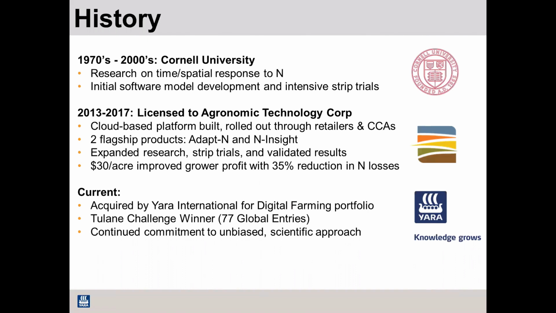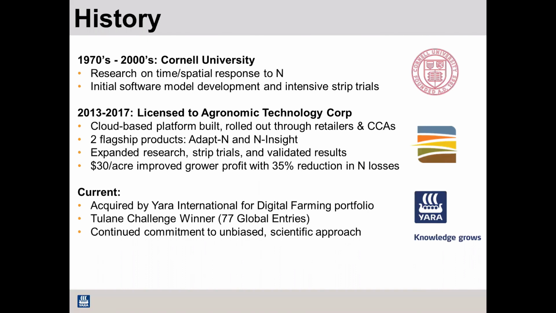In 2013 is when the Agronomic Technology Corp team became involved, and the leadership at ATC established a commercial partnership with Cornell that allowed the rebuilding of the interface, made everything cloud-based at that point, and did a full commercial rollout to retailers and certified crop advisors with the two main products that some of you know today, AdaptN and Insight.